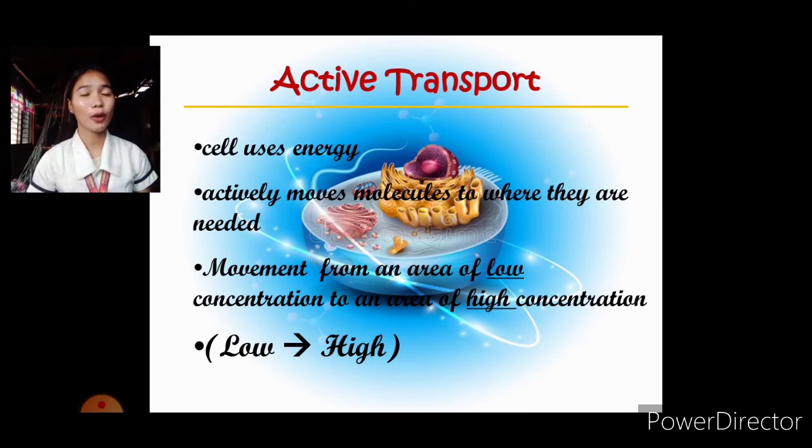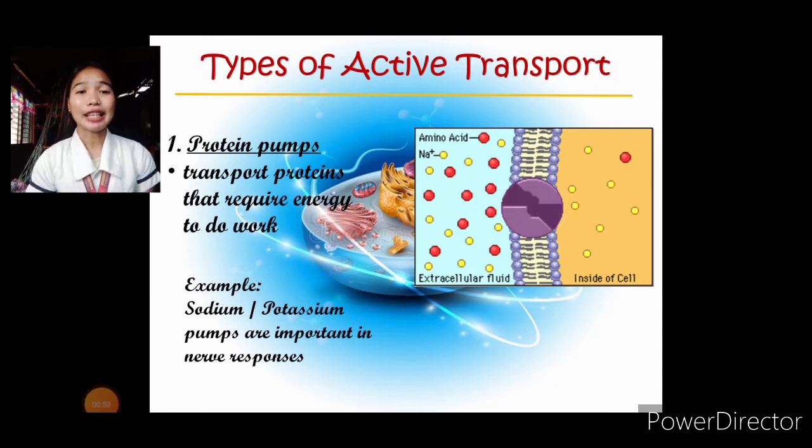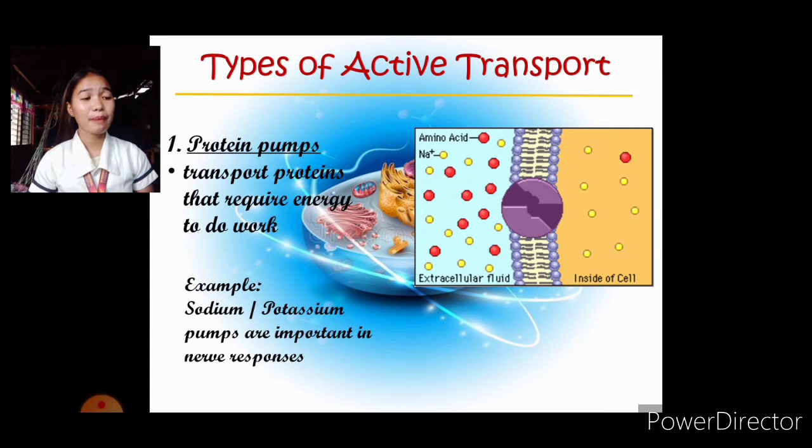Now let's discuss its types. First, we have the protein pumps. These are transport proteins that require energy to do work. This kind of protein is capable of pumping out compounds that could pose a threat to the cell. An example of this is the sodium-potassium pump, which is important in nerve responses.